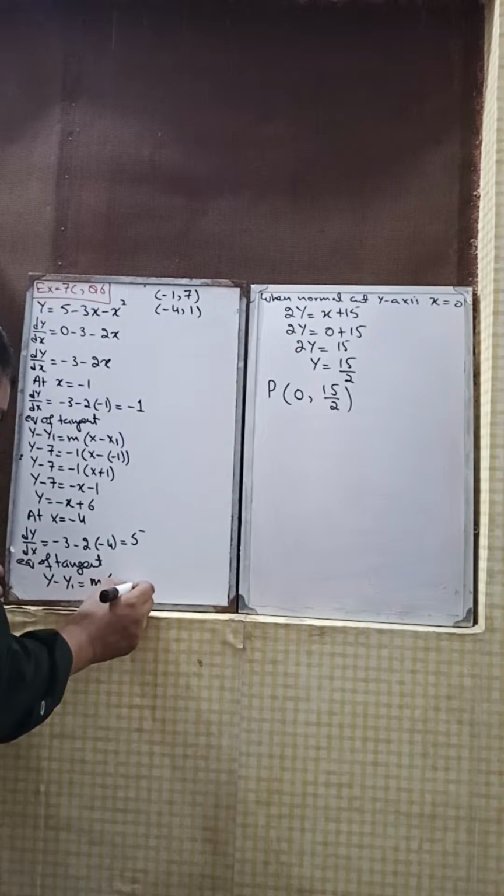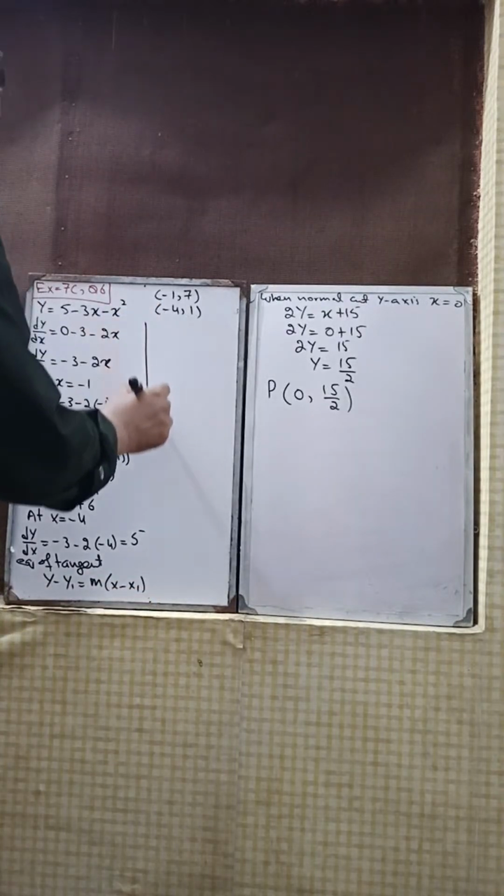The formula is y minus y1 equals m (x minus x1). So I'm going to find the equation of the tangent here.